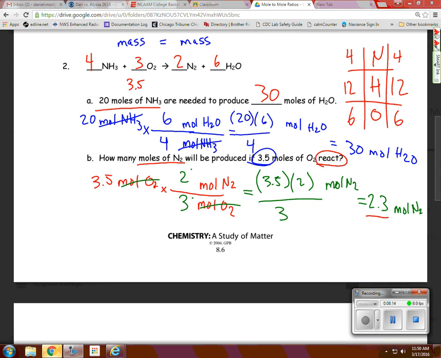That's really close to 3. So our ratio is probably really close to 2 here. So the ratio of 3.5 to 2.3 is really close to the ratio of 3 to 2. Since they're close, we can say that answer makes sense because these numbers are pretty similar to one another.